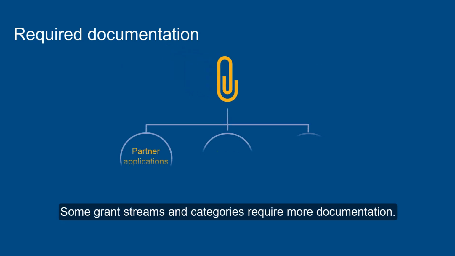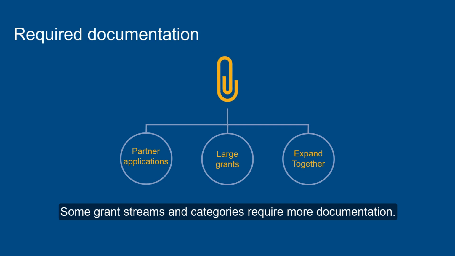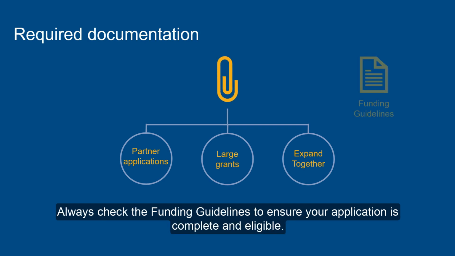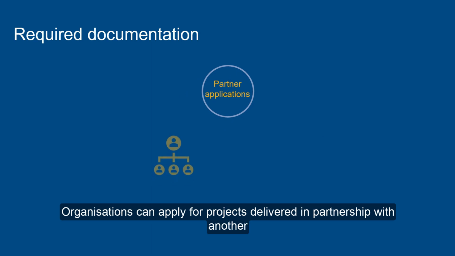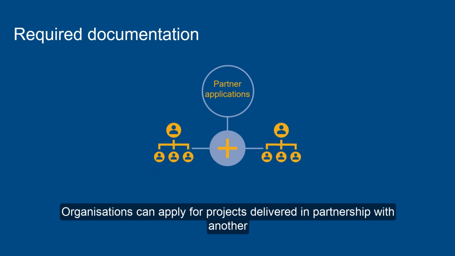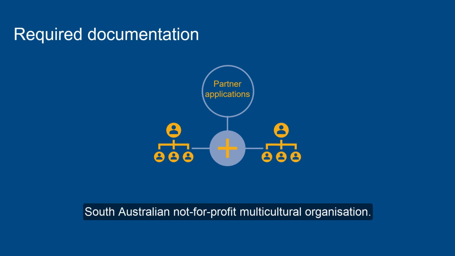Some grant streams and categories require more documentation. Always check the funding guidelines to ensure your application is complete and eligible. Organisations can apply for projects delivered in partnership with another South Australian not-for-profit multicultural organisation.